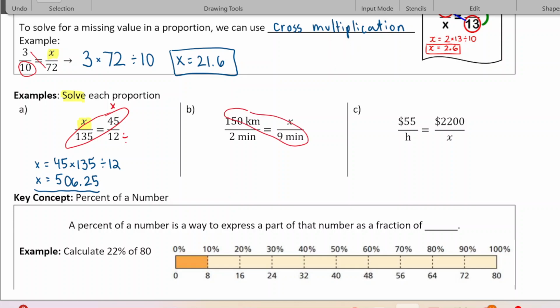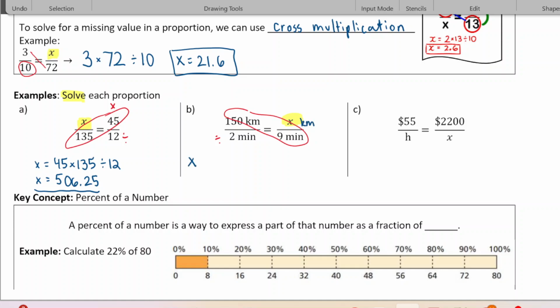Okay, next one. Find the two numbers that are across from each other and divide by the other number. Notice this one has units. Often when we're solving proportions, we're going to be working with units. So 150 kilometers in 2 minutes is some number of kilometers in 9 minutes. So we want to make sure we have the correct units. The units are going to match. Okay, so we're looking for kilometers here. Kilometers per minute, kilometers per minute.